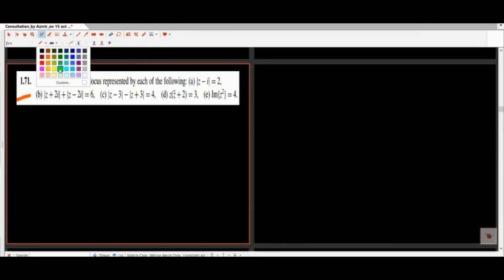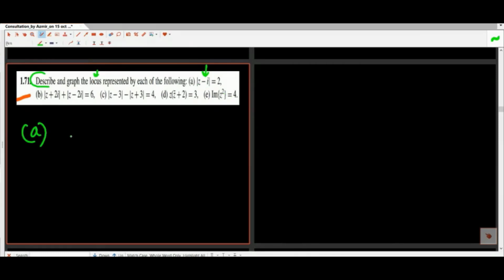Here, try to understand the concept, that is, we have to describe and graph the locus represented by each of the following. So locus means the path that the equation has. It may be a circle, it may be ellipse, it may be straight line. That means any geometrical figure can be found from this equation where complex number is involved. So let us solve the first one.